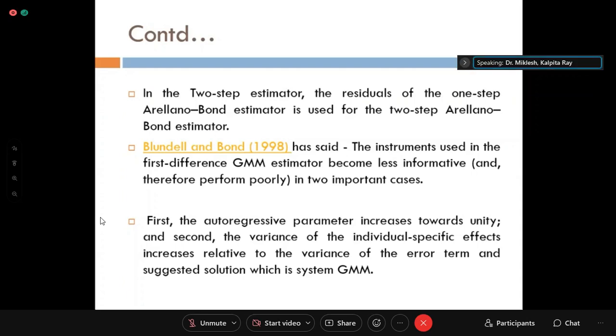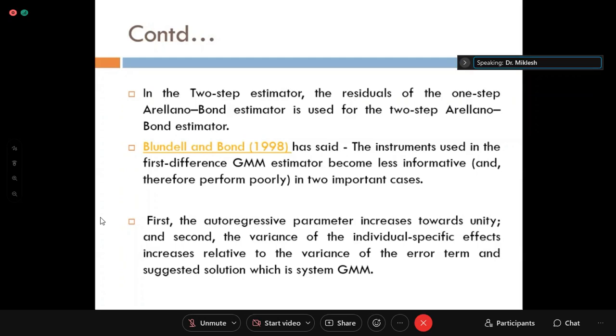I hope you have understood the two problems of this difference GMM. Sir, could you explain the second one? Second, the autoregressive parameter increases towards unity. It means the coefficient of n minus 1, or you can say DV minus 1, will be near to 1, which should not be there.